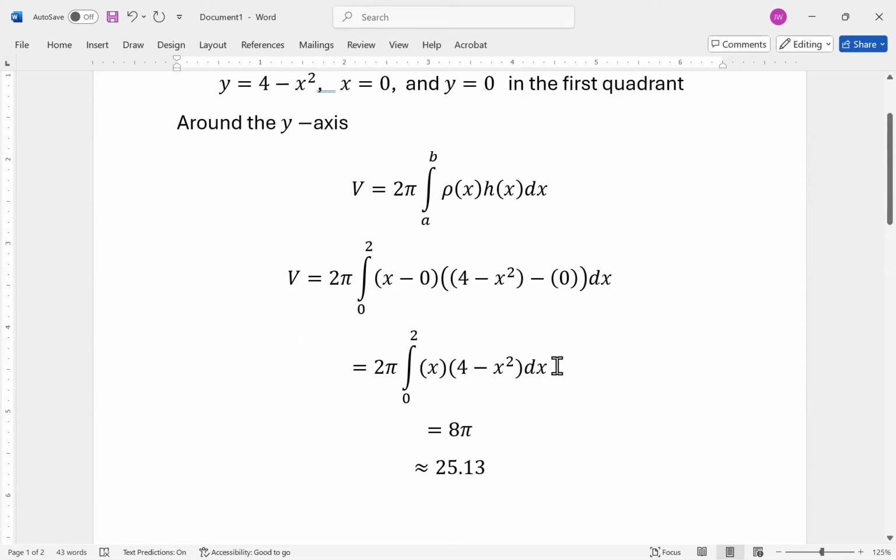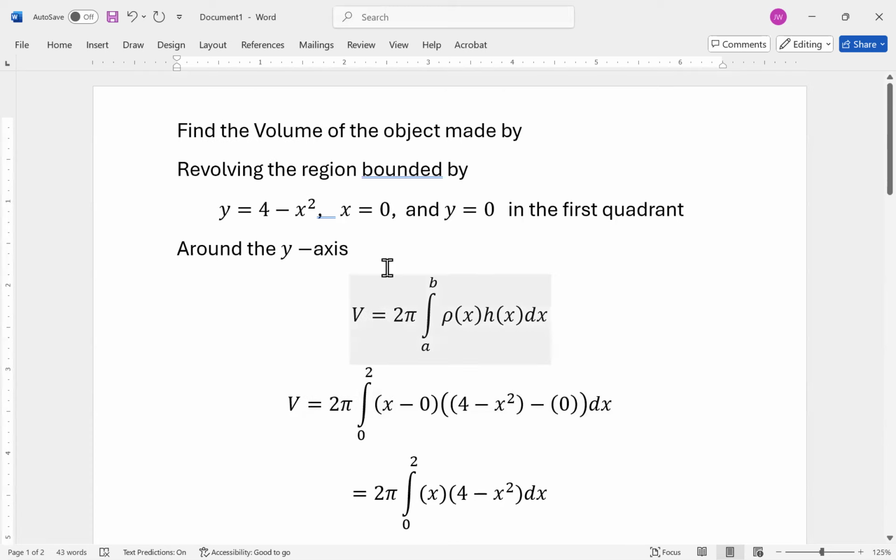However, I also want to point out that when we dealt with the disk method, since we were rotating around the y-axis, we had to do our integration with respect to y. With the shell method, when we revolve around the y-axis, we do our integration with respect to x.